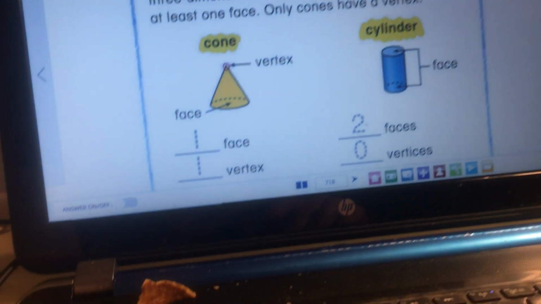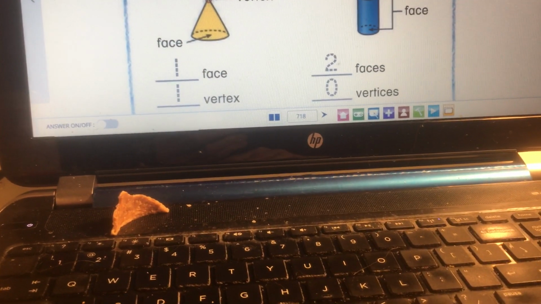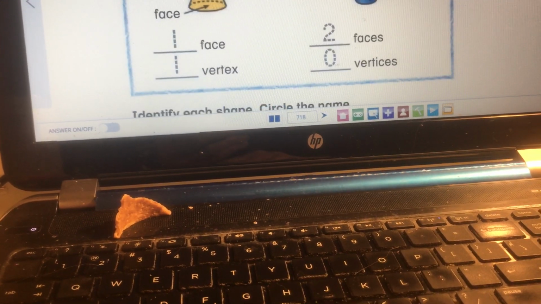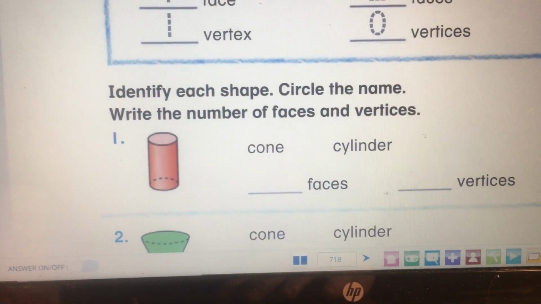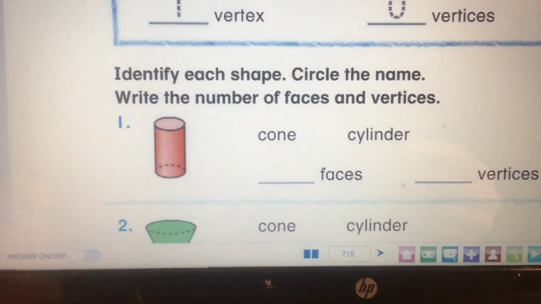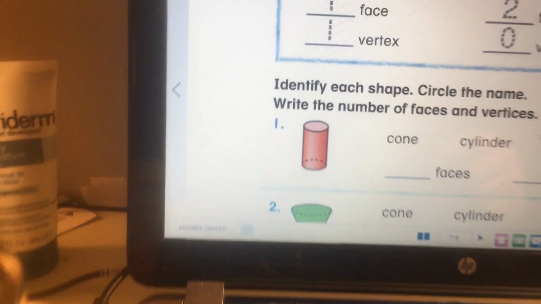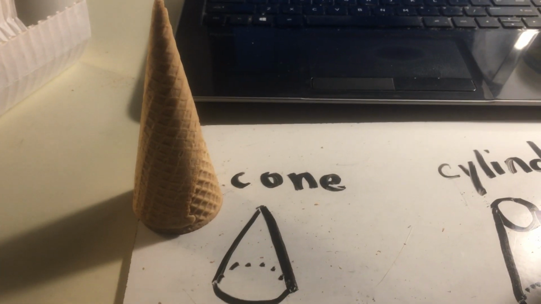All right, so let's look at how we are going to work through page 718. First it says identify each shape, circle the name, and then write the number of faces and vertices. So when you look at this red shape, does it look more like a cylinder or does it look more like a cone?